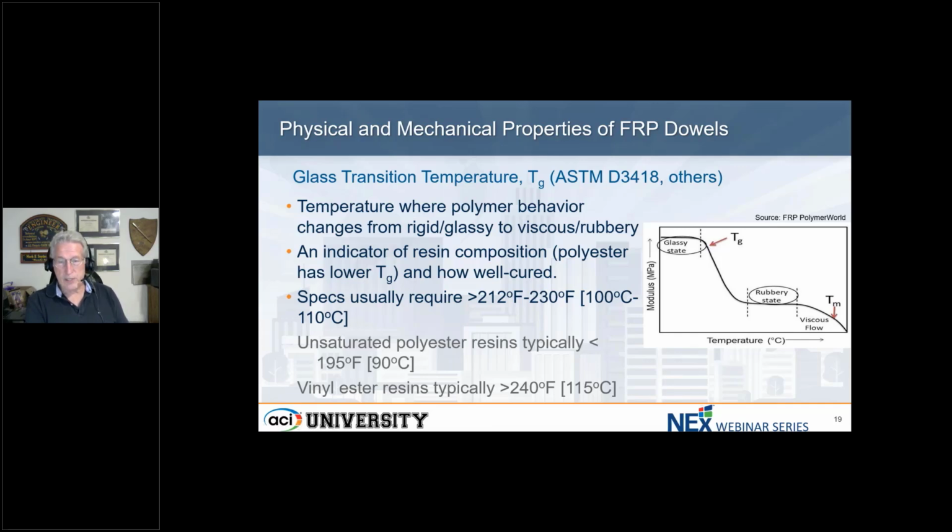It's an indicator of the resin composition, because if you look down at the bottom here, we see that the vinyl ester resins that are typically approved have a glass transition temperature greater than 240 degrees Fahrenheit. Polyester resins are typically less than 195, which is why you see the specifications typically require a glass transition temperature in excess of 212 or 230. Basically a number that's going to preclude you from using polyester.